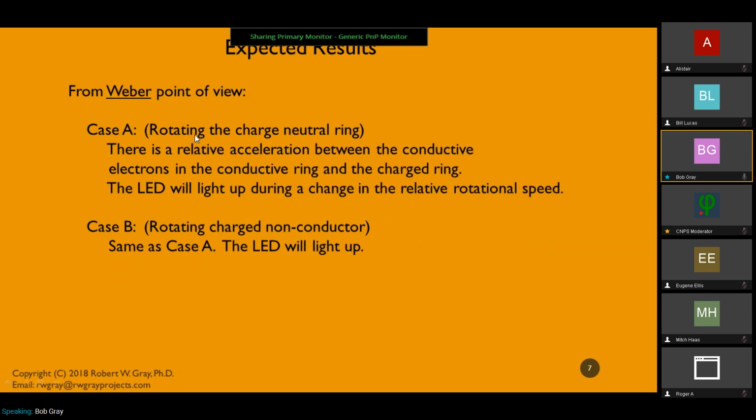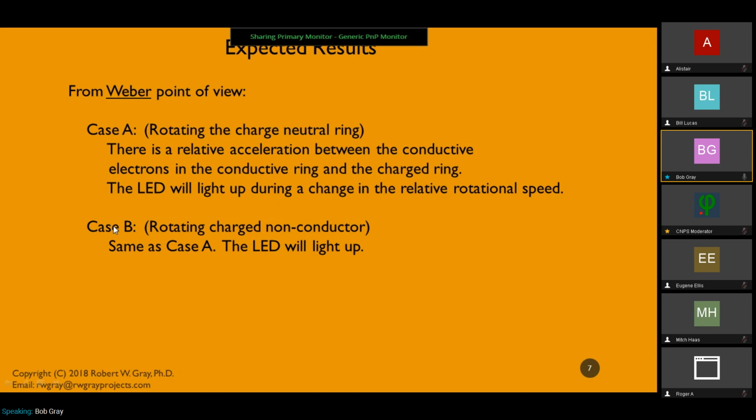From a Weber point of view, rotating the charge neutral ring, there is a relative acceleration between the conductive electrons in the conductive ring and the charged ring. So the LED would light up in case A. That's different from the Maxwell point of view.